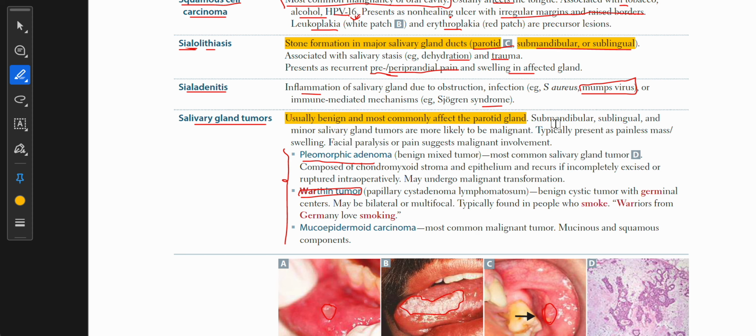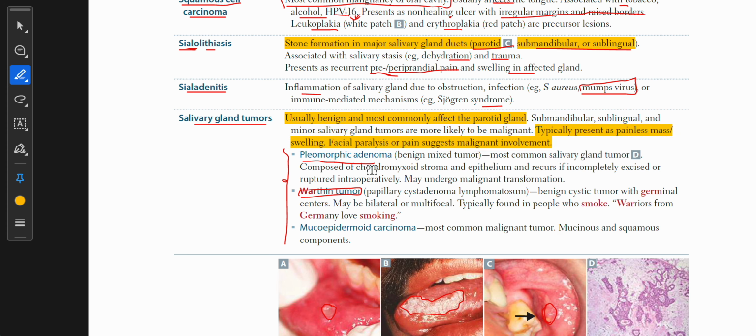Submandibular and sublingual gland tumors are more likely to be malignant. So the larger the gland involved, the more probably the tumor is benign. It typically presents as a painless mass; swelling, facial paralysis, or pain suggests malignant involvement.